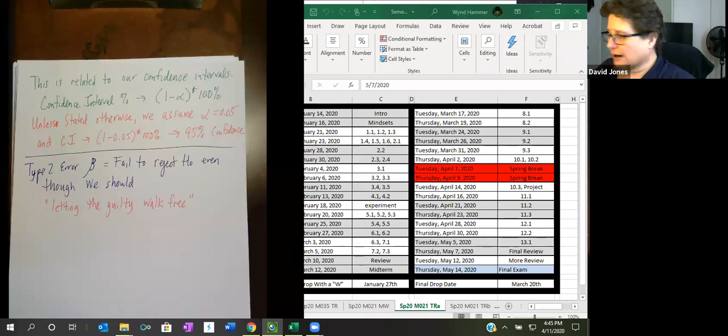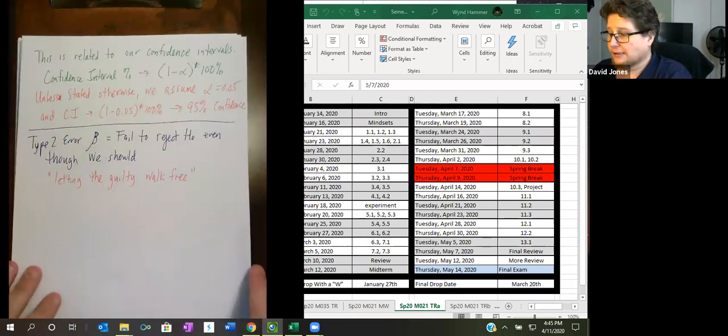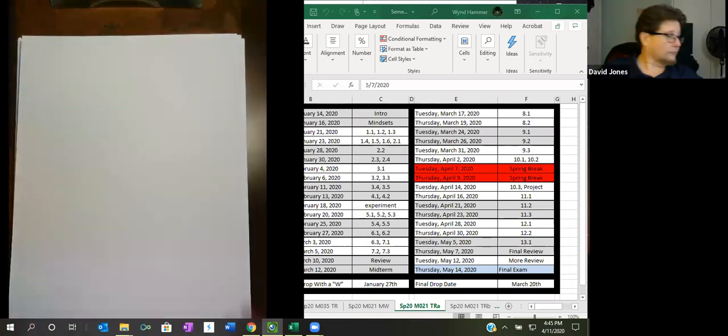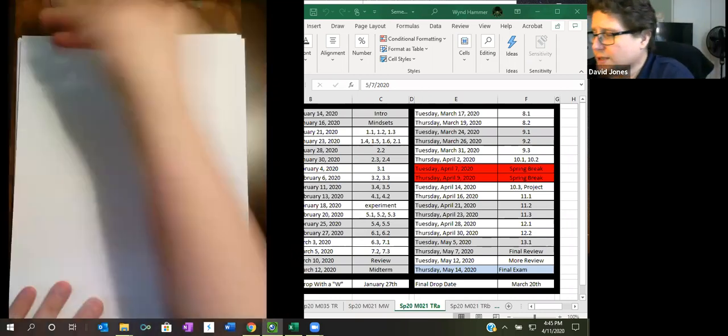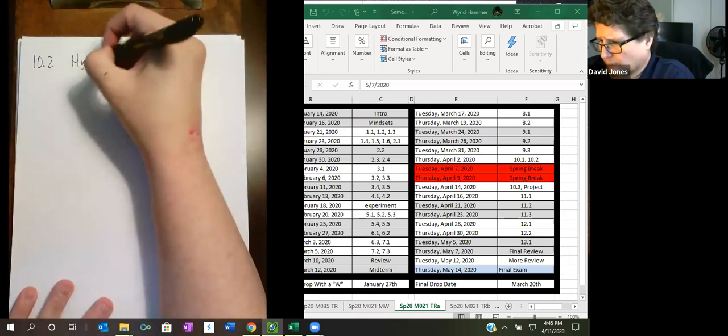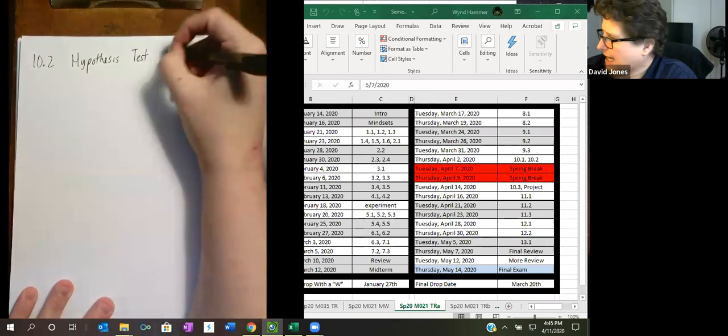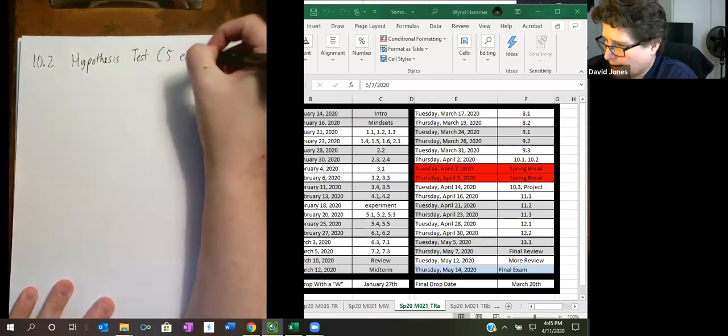Let's take a look at our hypothesis test. This leads us into 10.2, so I'll start a new page for this. 10.2 is on our hypothesis test and has 5 easy steps.